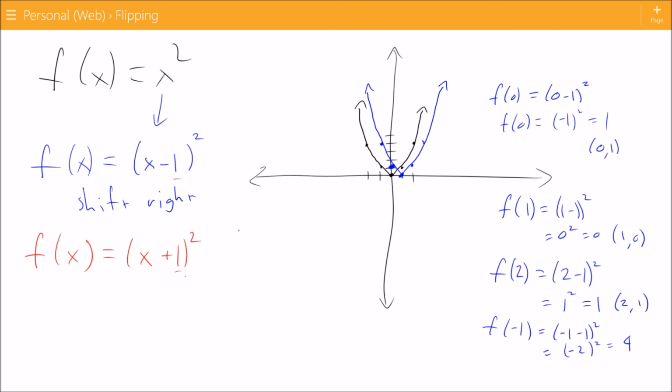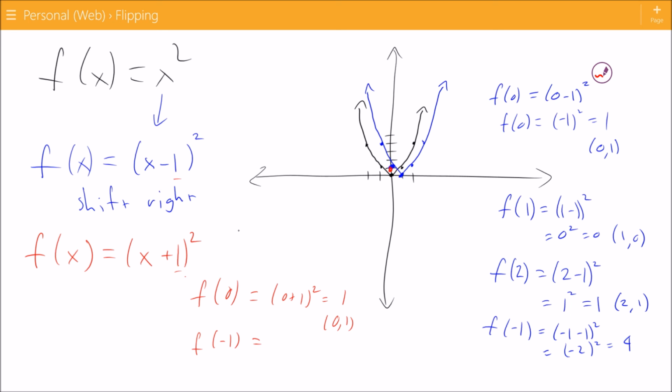That's later. f of x equals the quantity x plus 1 squared. We can test this out. If I've got f of 0, that's equal to 0 plus 1 squared. That's 1. 0, 1 is my coordinate. Same spot as the last one, but that's for a different shift.